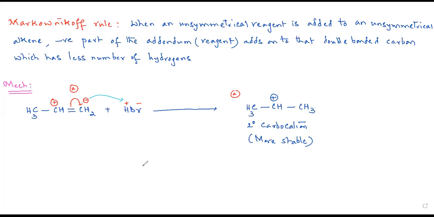Now to this, let me add the bromide ion. We get the major product.